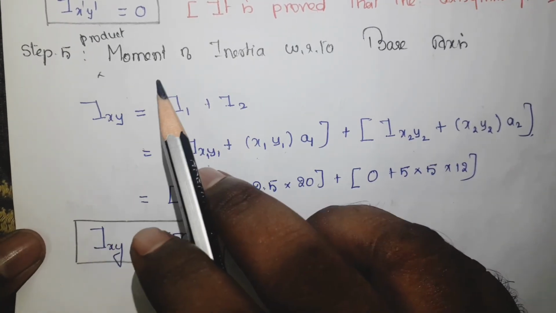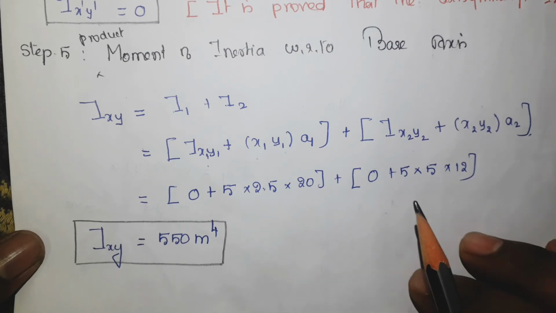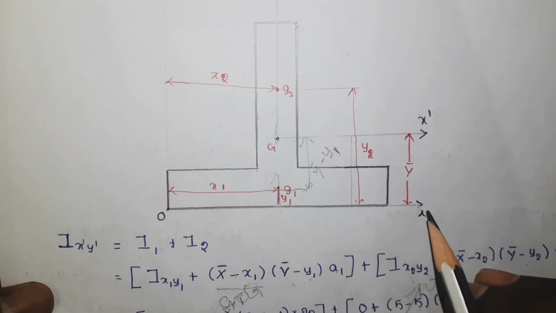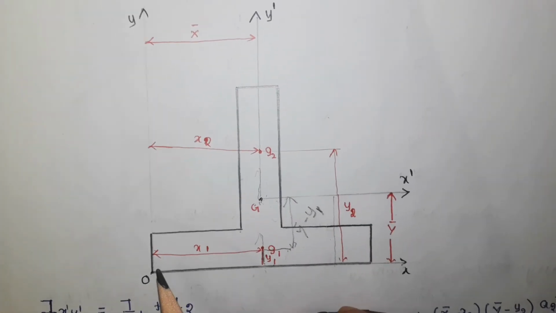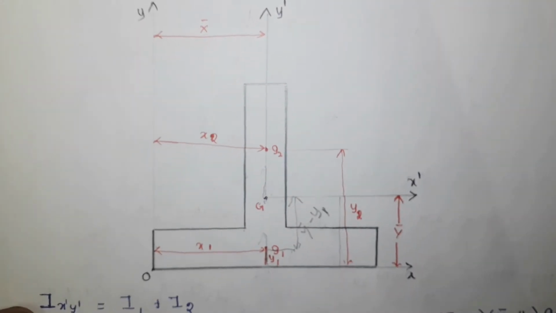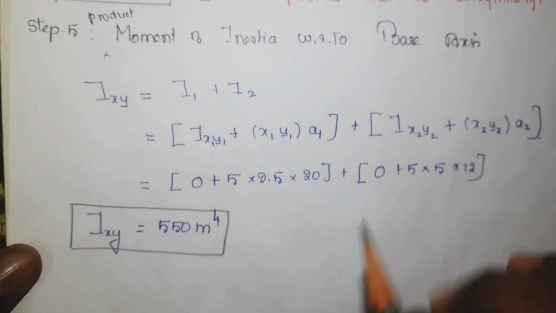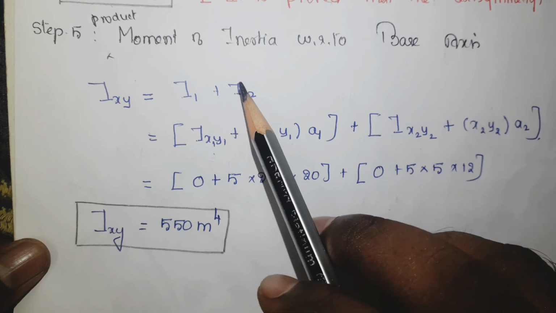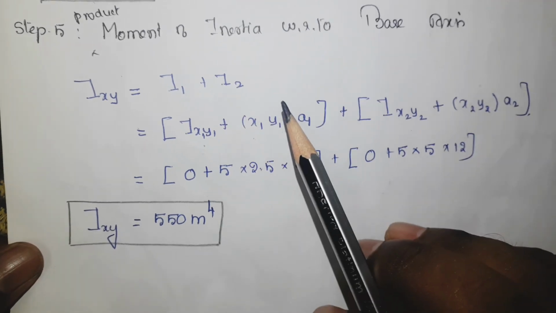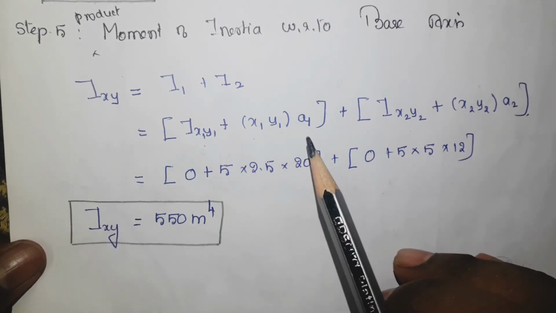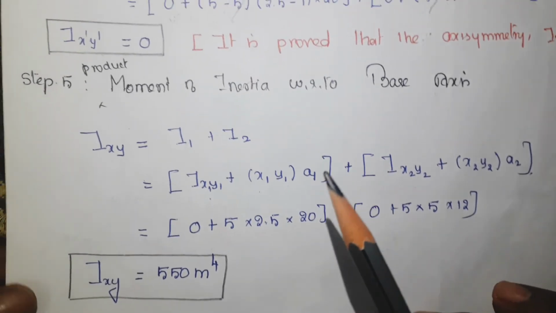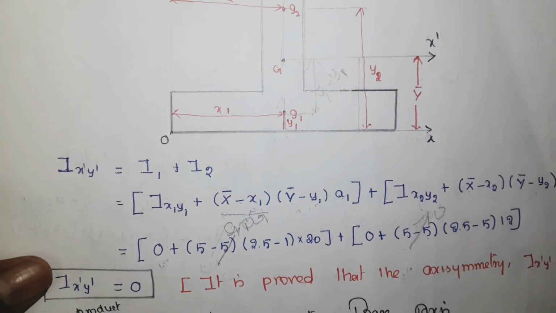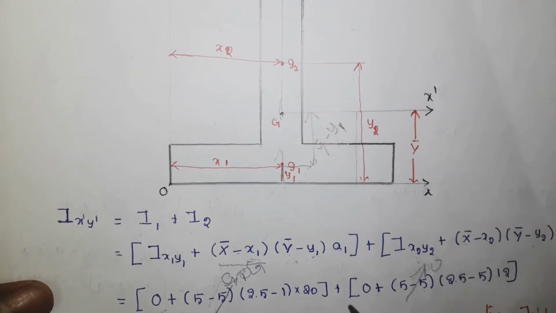Now the fifth one is the product moment of inertia with respect to the base axis. The base axis is nothing but this axis, OX, as well as this axis, OY. Now here is the formula: IXY equals the moment of inertia of the first rectangle plus the moment of inertia of the second rectangle. Again I am going to use the parallel axis theorem, but here, in place of x bar minus x1, I am going to use directly x1 and y1.